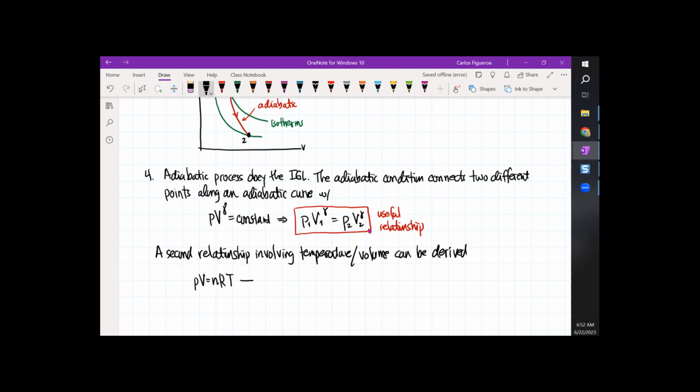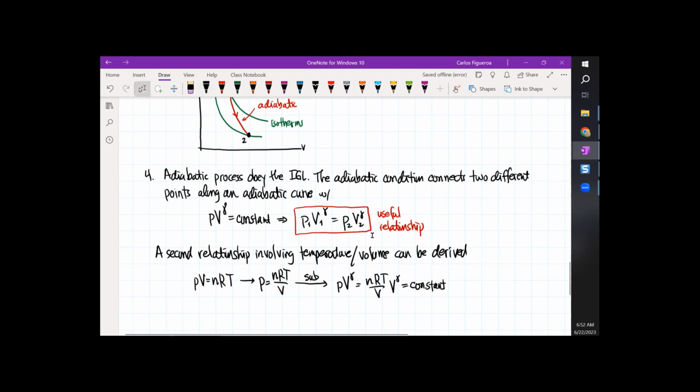So then I'm going to solve for pressure. And now I'm going to substitute into the adiabatic condition, which then reads that PV gamma is going to be nRT over the volume times volume gamma, and so this has to equal a constant. This is still the adiabatic condition here.